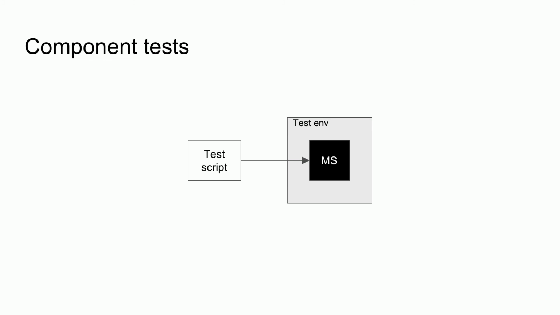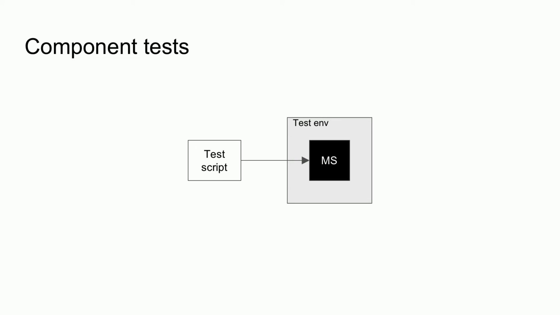So it can be like a web application with a database that persists its state when we interact with it. And test environment provides necessary resources for our microservice. It can be some queues, and it can be some other services that this microservice interacts with, or mocks of these services.